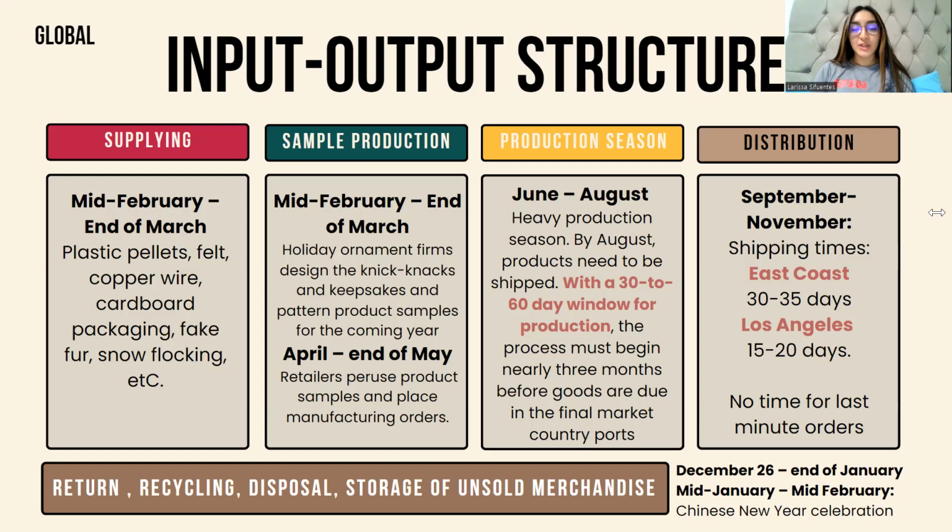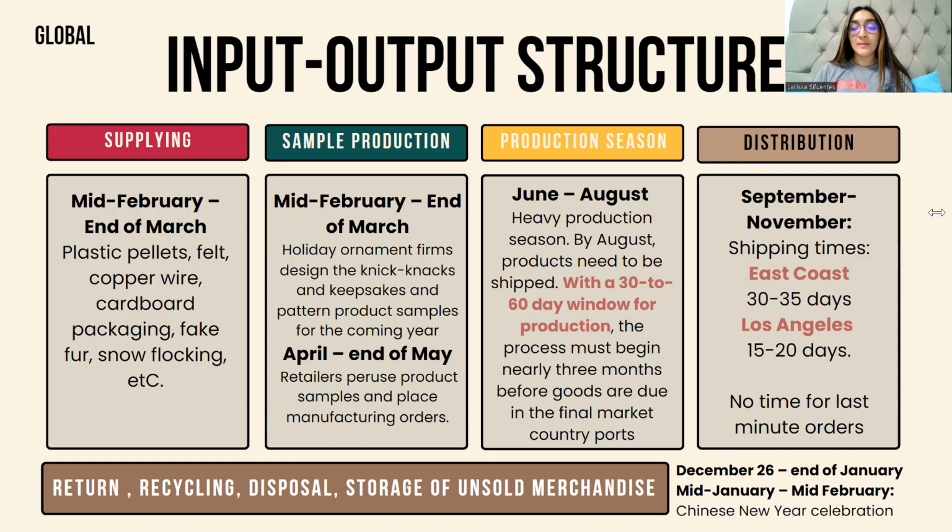The sample production is between mid-February and end of March because the manufacturers need to have a mold to work on. And then retailers peruse these product samples and place manufacturing orders.